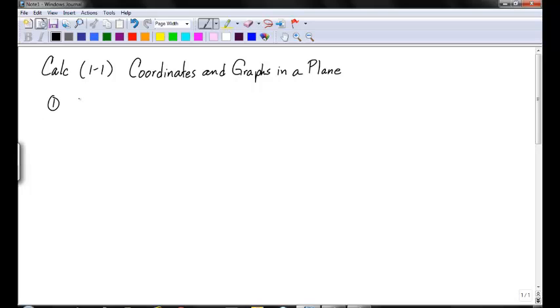So, like one method, they might ask you to do a problem algebraically. Now, what's that mean? That means paper and pencil.